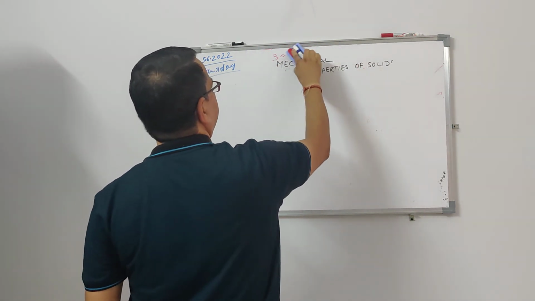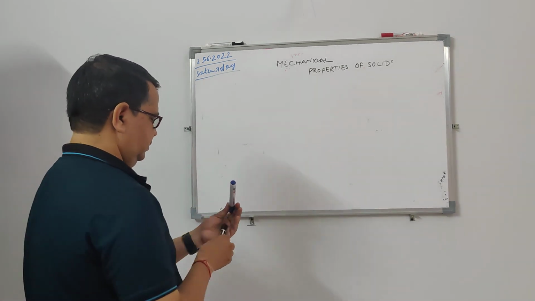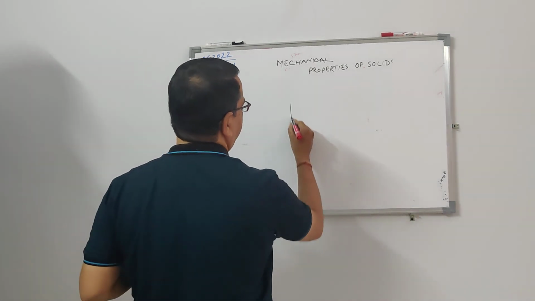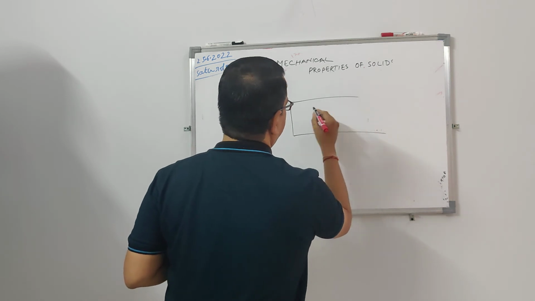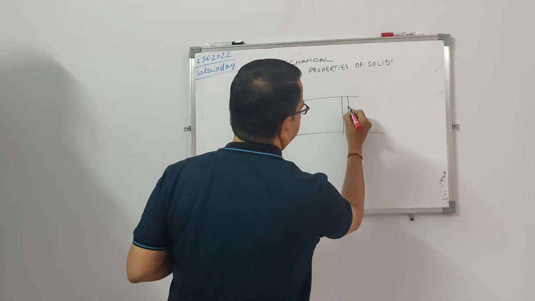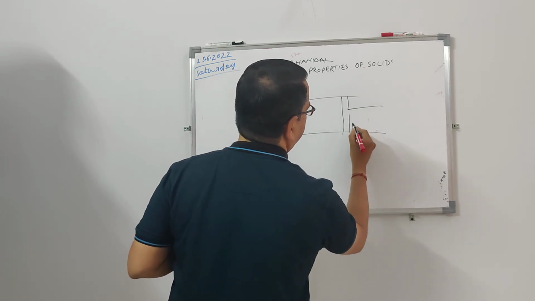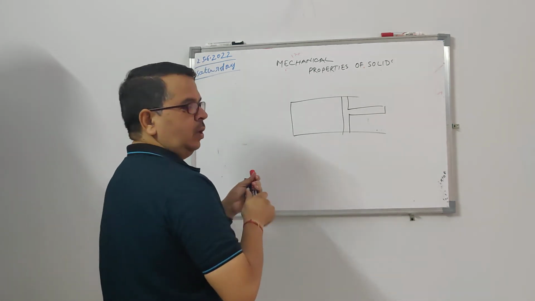There is another question: the ratio of hydraulic stress to corresponding strain. Normally we will have some hydraulic press, as you have studied in fluid mechanics. It will have some piston cylinder kind of arrangement. Let us say this is my piston, and I have some water or hydraulic oil inside it.